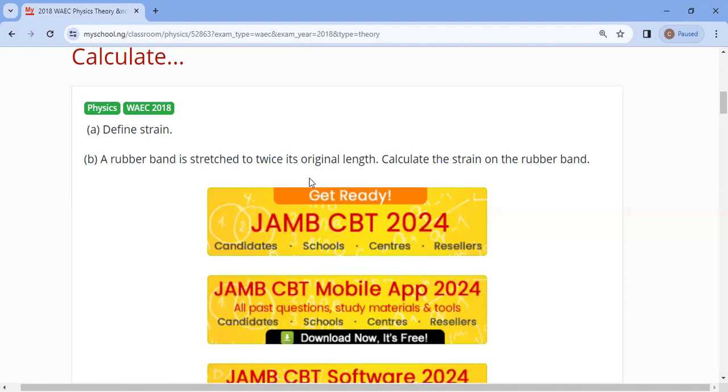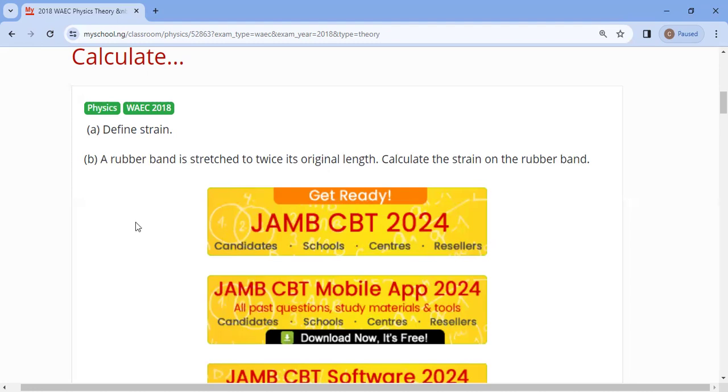It is the ratio of extension to original length, or it is the increase in length, the extension per unit length. It is the extension per unit length.